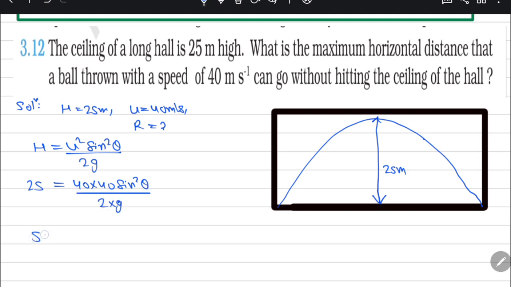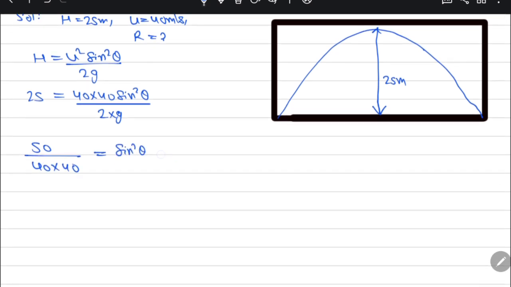It would take 50 divided by 40 into 40 is equal to sine squared theta. Here zero cancels zero. Sine squared theta is equal to 5 divided by 160, which comes out to be 1 by 32. So sine theta comes out to be 1 by root 32.